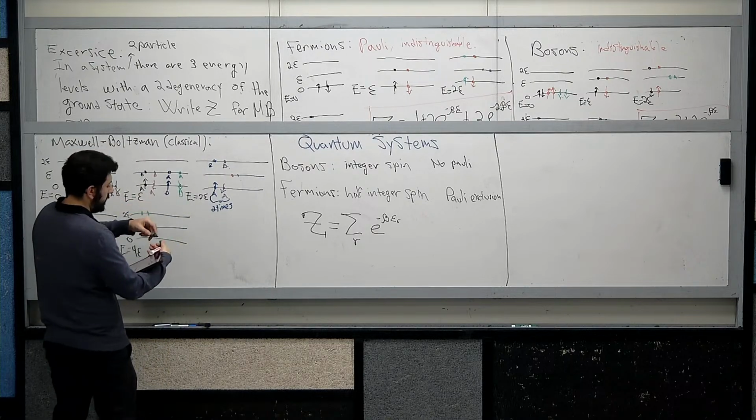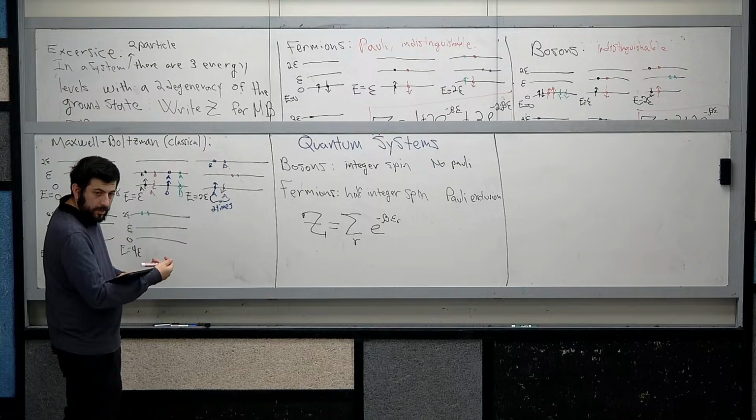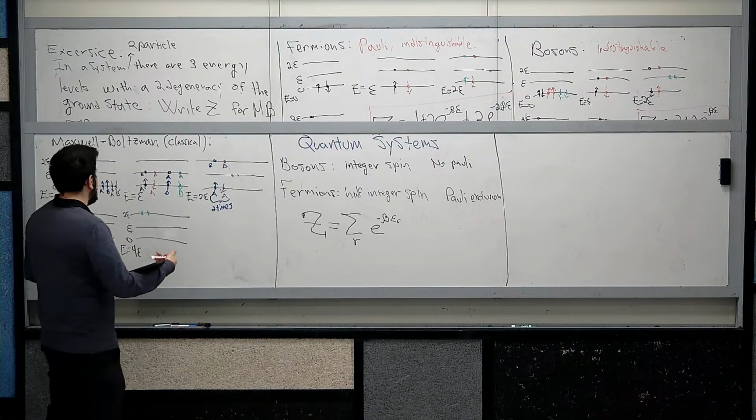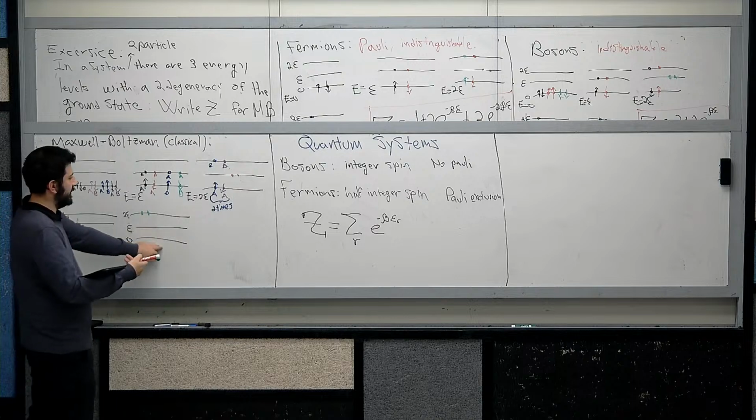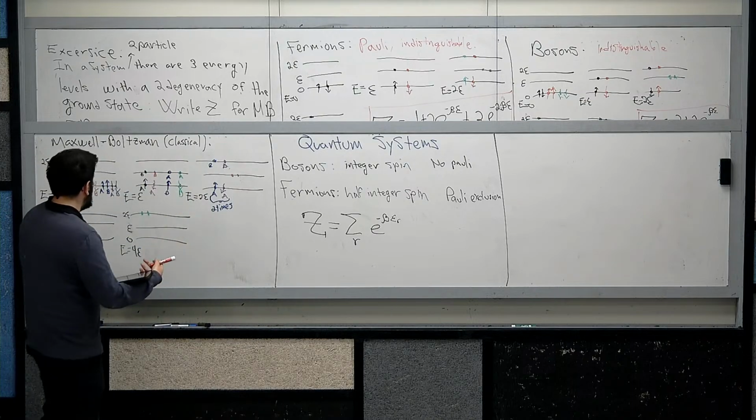Can I ask about the exercise? Why is there just a specific spin in the energy epsilon or 2 epsilon? Okay, so you're asking why the only thing that is degenerate is the ground state, right? Yes.